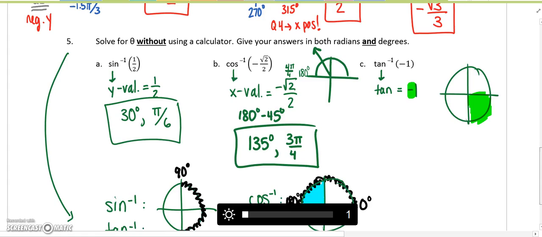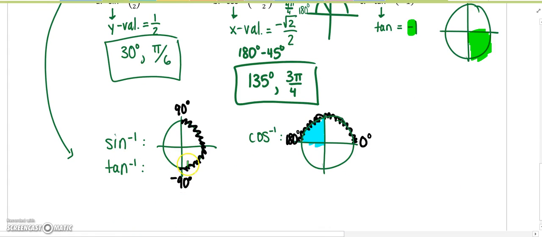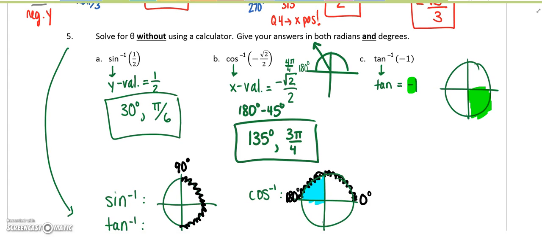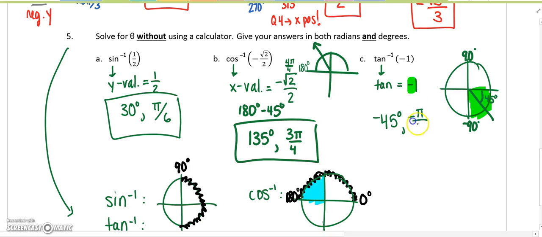Because for tangent, we only look at 1 and 4, negative 90 to 90. So if it's an angle in quadrant 4 that has a reference angle of 45, that, remember, has to be between negative 90 and 90, then I suppose I'm going to have to call it negative 45 degrees. Or in radians, negative pi over 4.